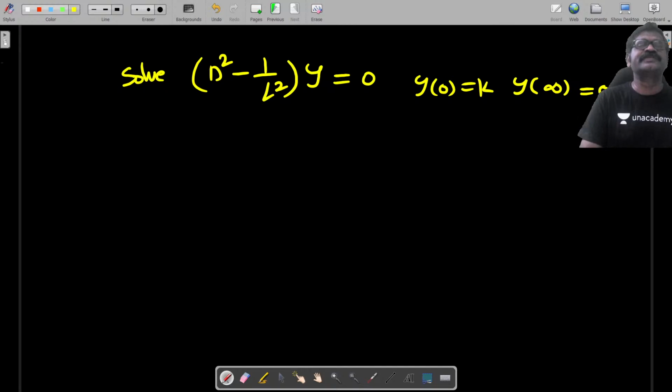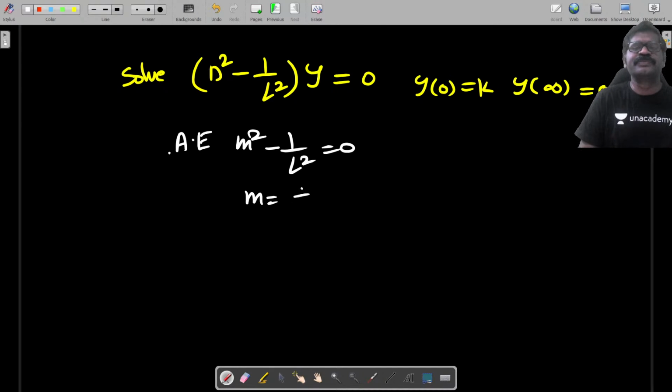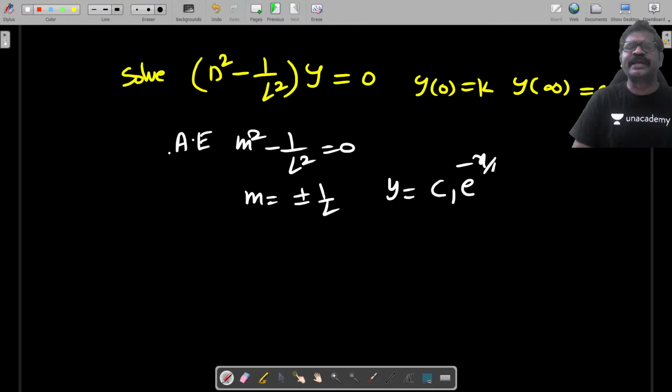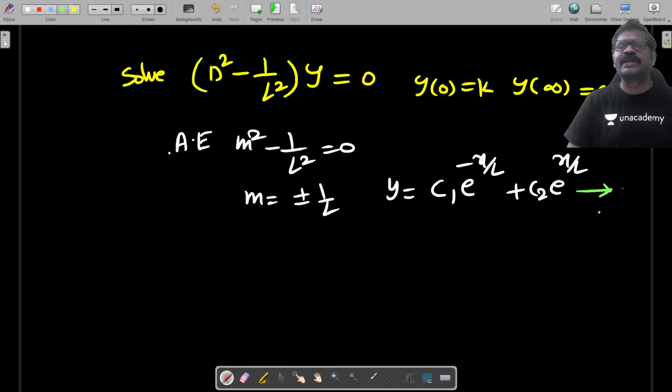Now in this case the auxiliary equation is m square minus 1 by L square equal to 0, m equal to plus or minus 1 by L. Therefore the solution is y equal to c1 e power minus x by L plus c2 e power x by L. Call it equation 1.